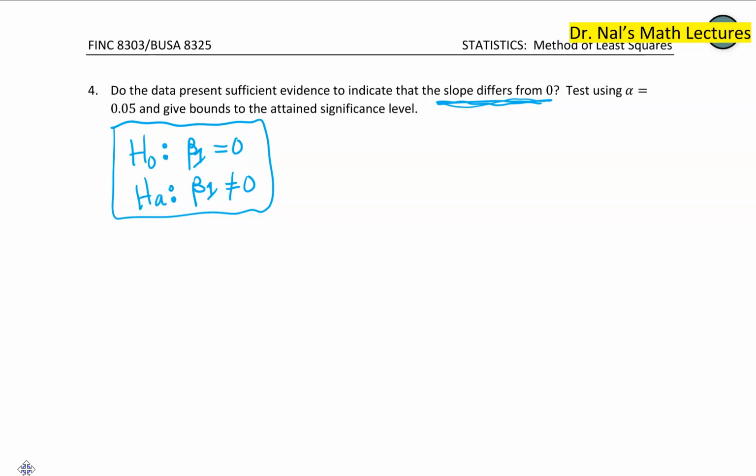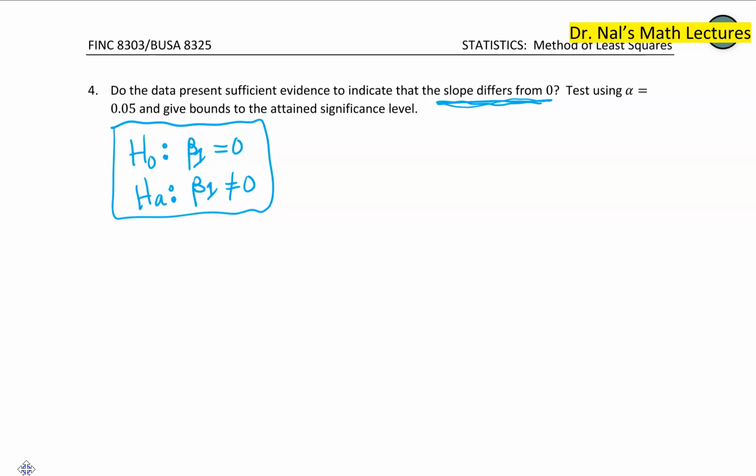So how does it work? So far what we have is the following. Let me just summarize. We already established that beta 1 hat is an unbiased estimator of beta 1 if the expected value of the error terms is 0, and it turns out we need an additional regularity condition, which is that we expect the error terms to be normally distributed.